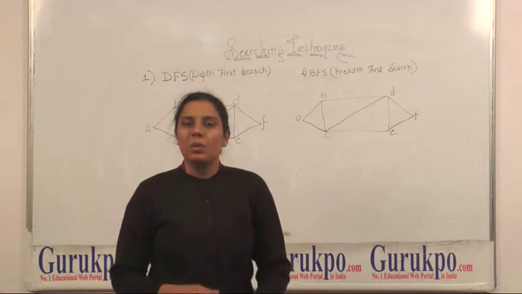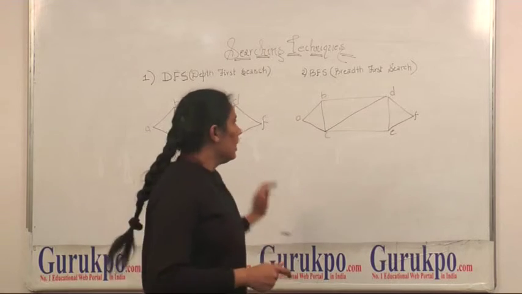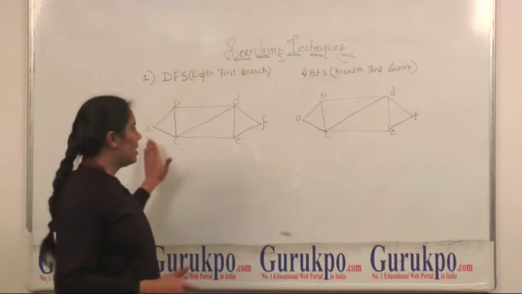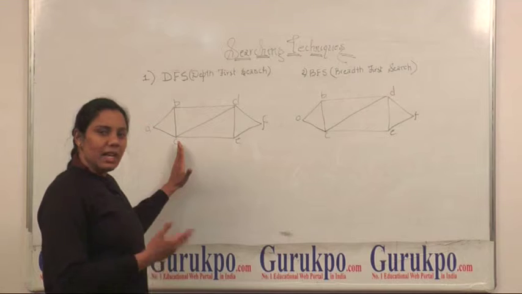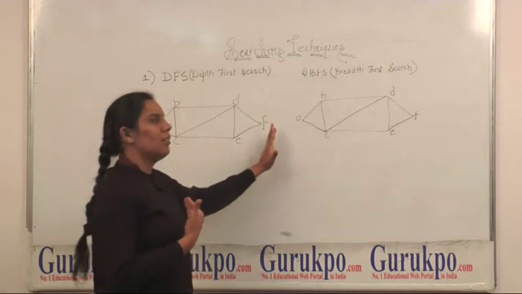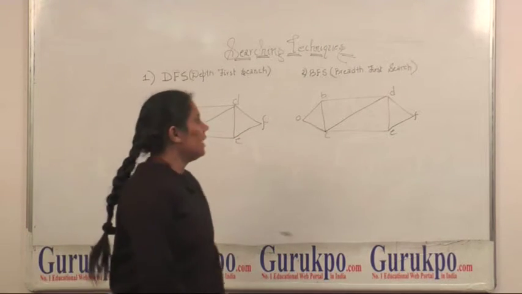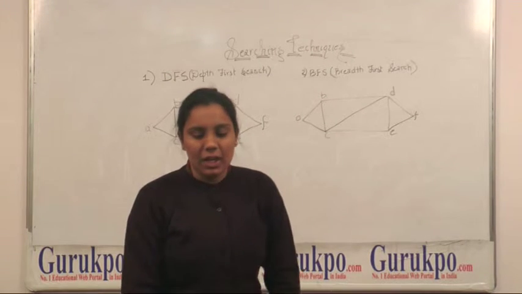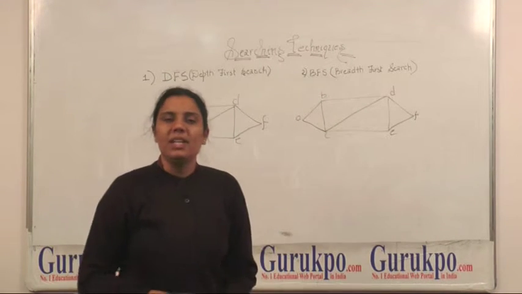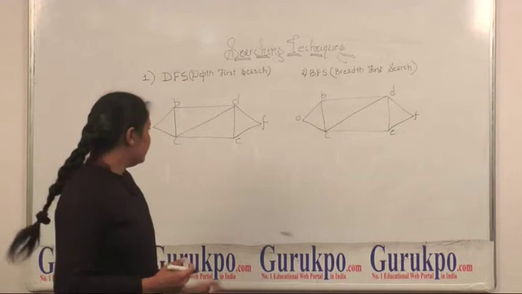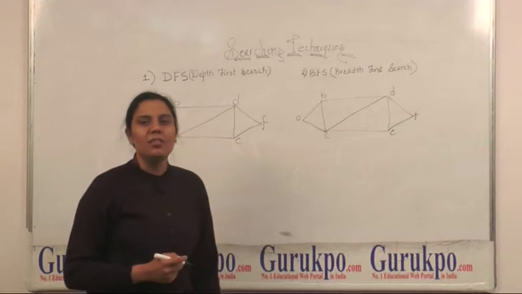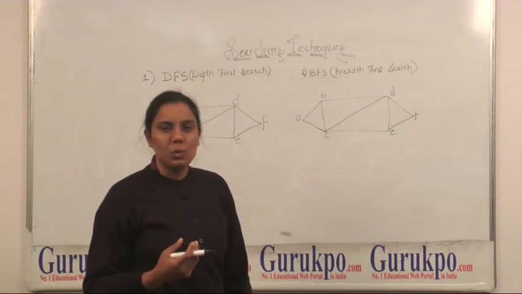Depth first search means we will be moving towards the depth of the nodes, that is from A and then level second, level third and then level fourth. In depth first search, we have nodes A, B, C, D, E and F. In this we start exploring the nodes.